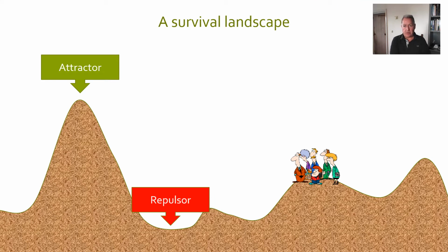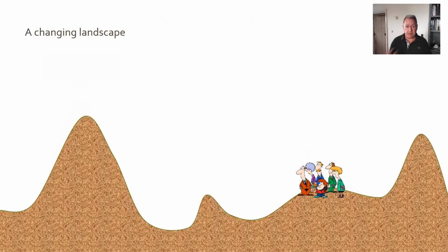Complex issues are different. There you discover a landscape, we call it a survival landscape, with attractors and repulsors. Somehow it looks like an optimization issue because at the hills it's attractive to be and in the valleys it's less attractive to be. So the higher the better. However, there's a big difference because the landscape is changing.